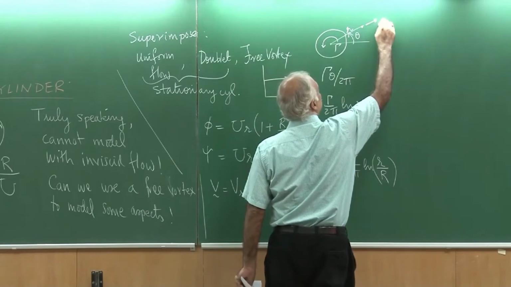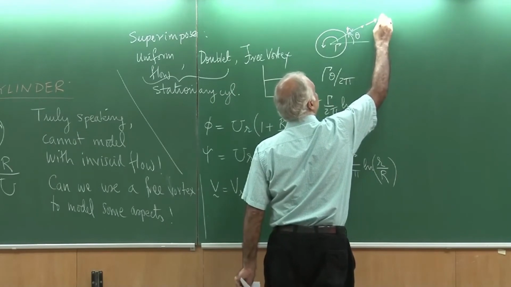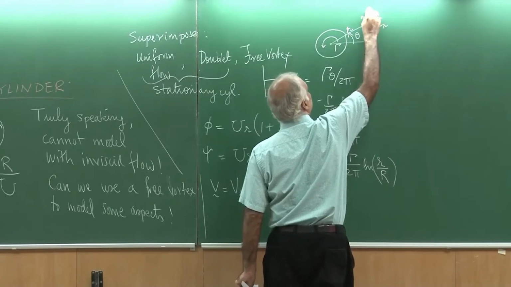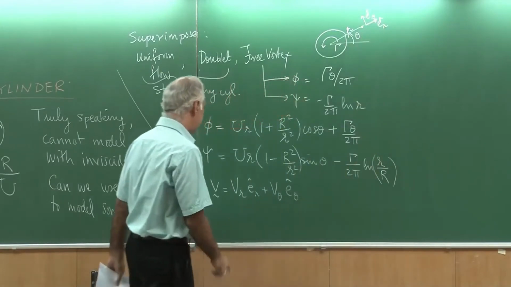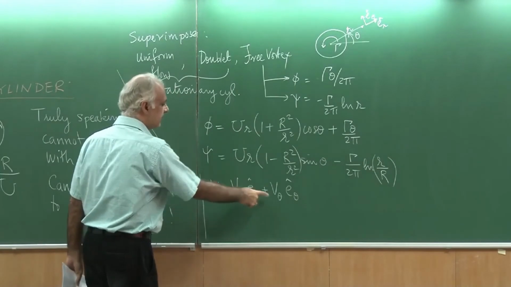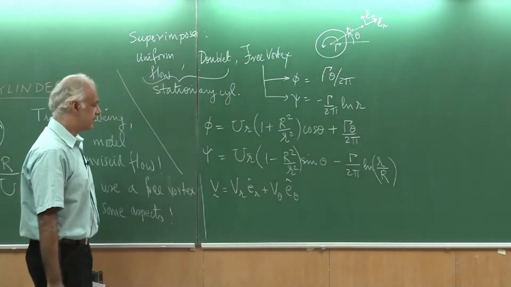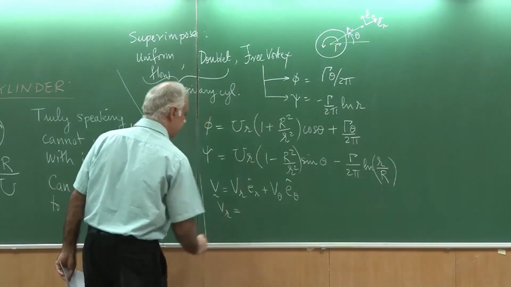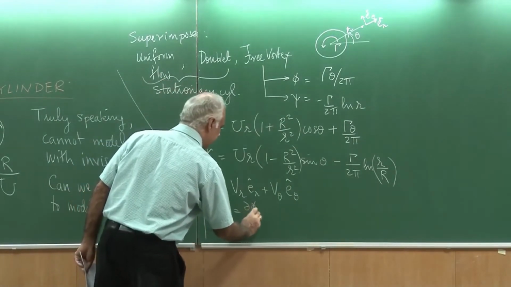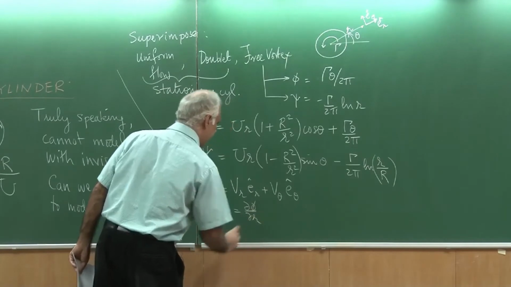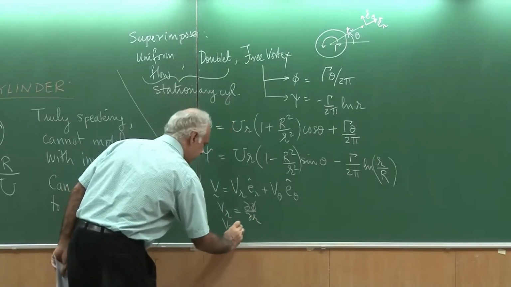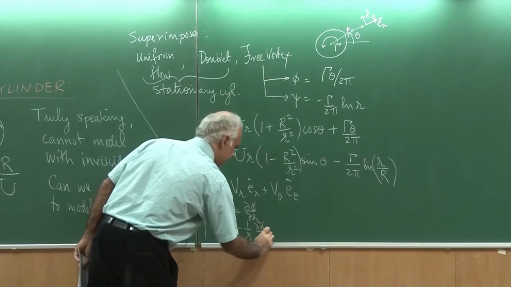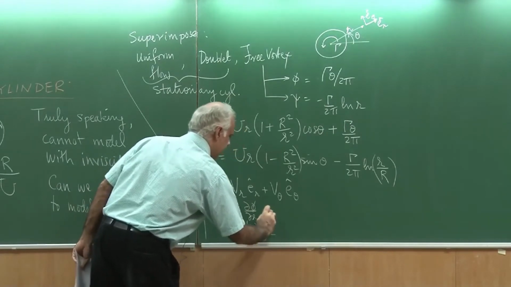This is a unit vector e_r, and correspondingly I would have a unit vector e theta, and these are my velocity components, the radial and the tangential. They are given as follows: V_r is del phi by del r, and V theta is 1 by r del phi by del theta.